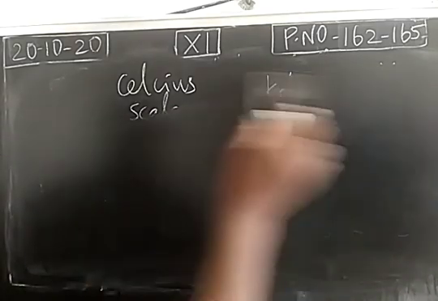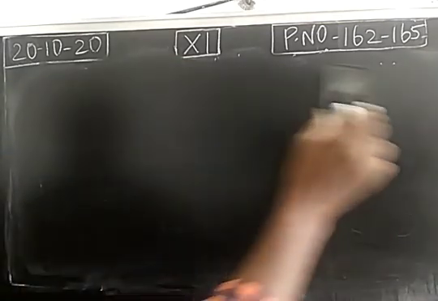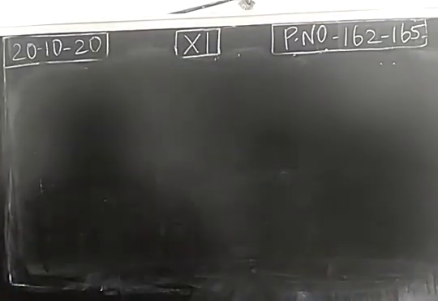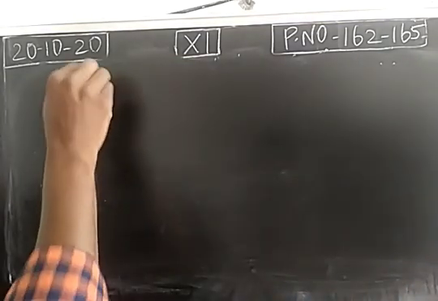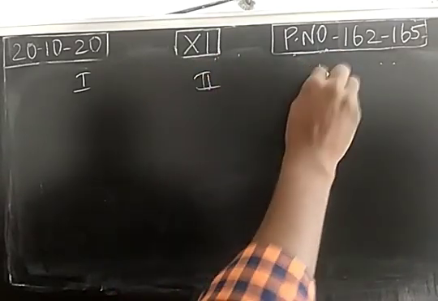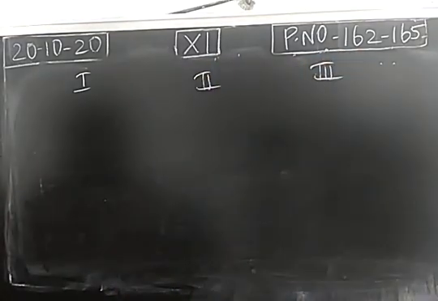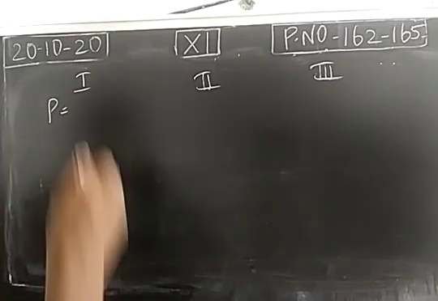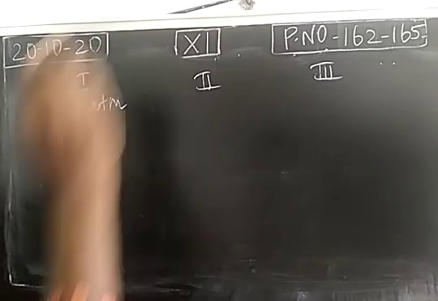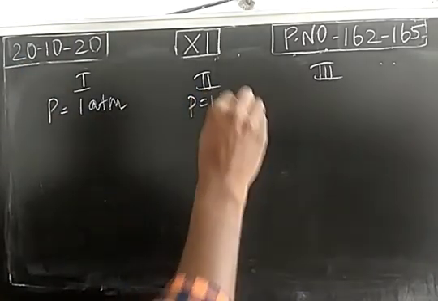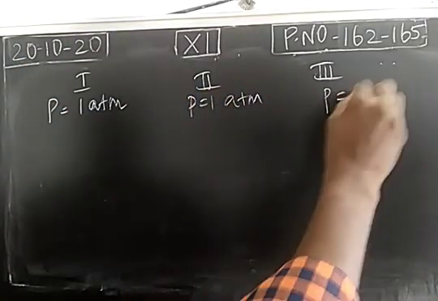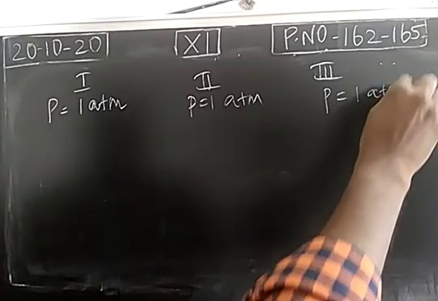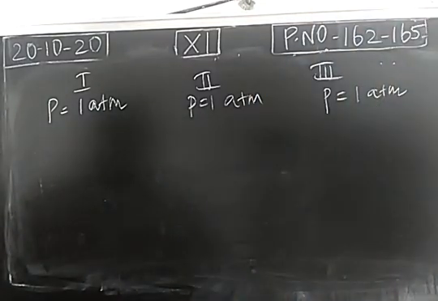Next, using Charles law, we can find the missing values in a problem. You take 3 containers. When we relate volume and temperature, mass and pressure will be constant. So pressure is constant. We maintain 1 atmospheric pressure in all 3 containers. Volume and temperature will be different, so there will be some missing values.